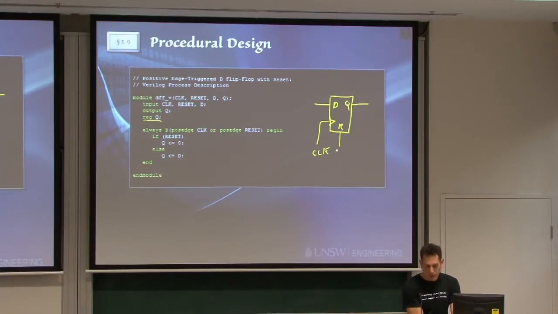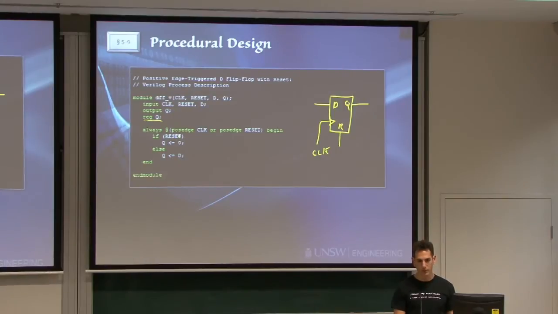Now the way this thing works, once you are inside the block, whether you started running it because we had a tick of the clock or because we had a tick of reset, you check whether the reset signal is asserted. And we said if it's a 1, it will evaluate to true. If it's 0, it evaluates to false.